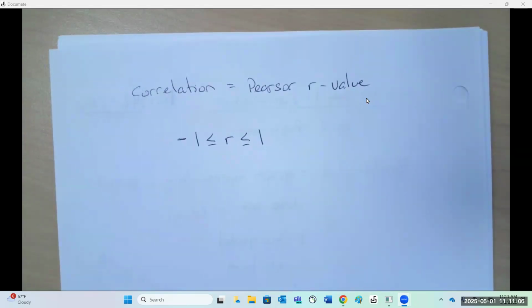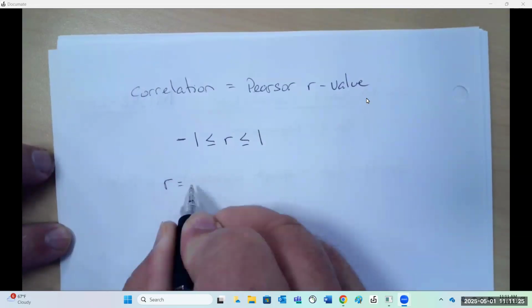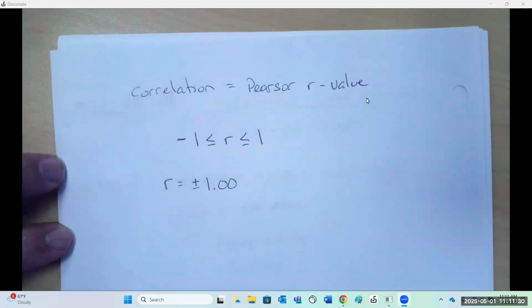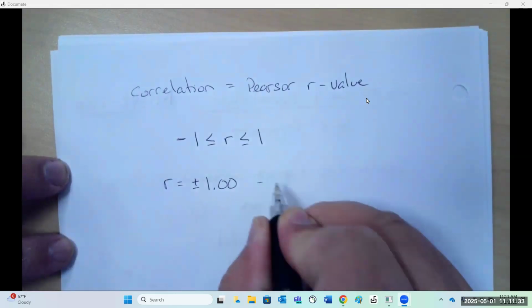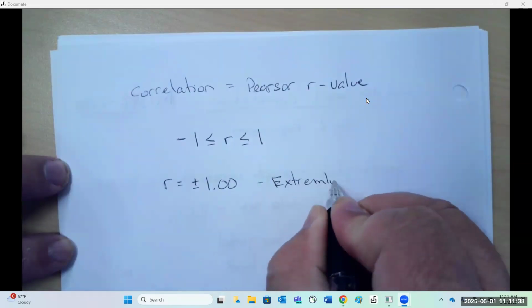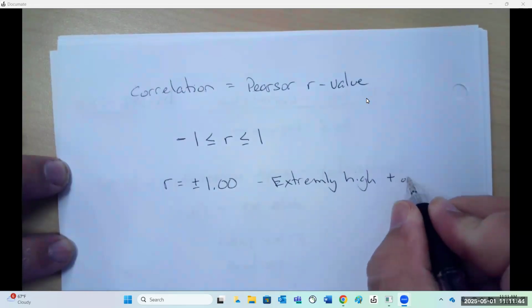I think I put it in the packet I gave you. Yeah, if you look on page 4 of the packet, the closer your R value is to positive and negative 1.0, we can say that's an extremely high positive or negative correlation.